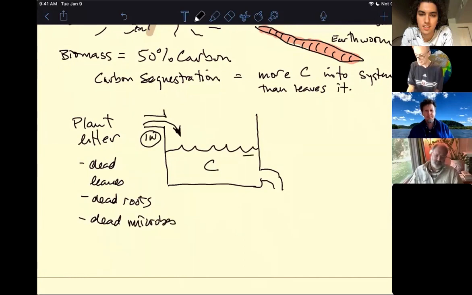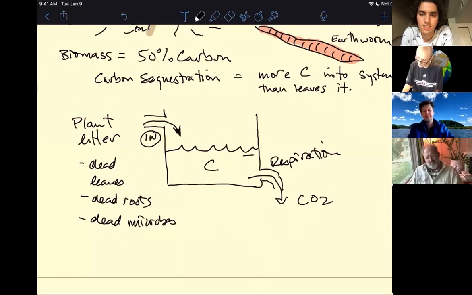Now, that's a carbon pool that could get used. If it gets used, it gets burnt off as CO2 by respiration, by other heterotrophs. Respiration, right here.